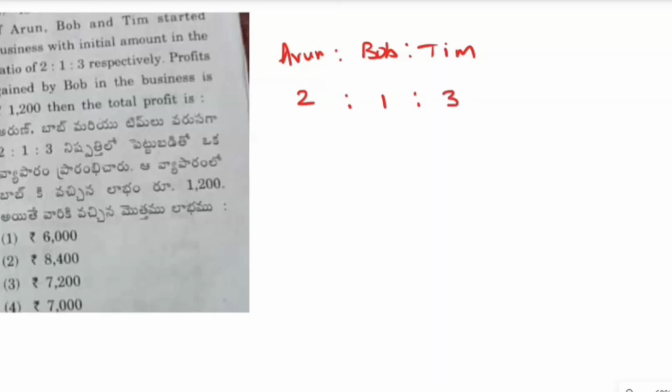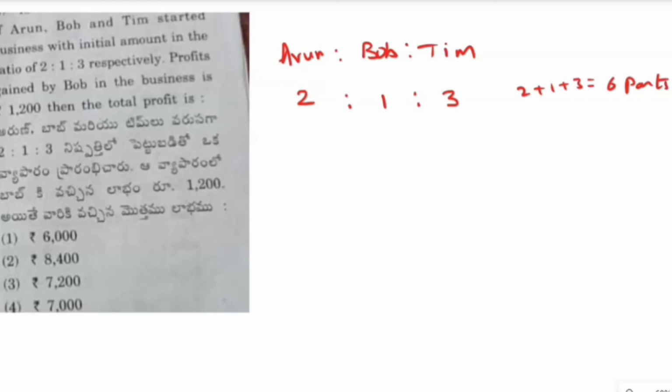The meaning is they have to divide the profit in the same ratio as the investments. So total parts are 2 plus 1 plus 3, which is 6 parts, so you have to make the total profit also into 6 parts.